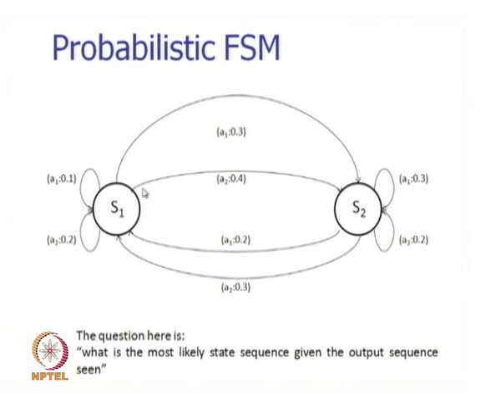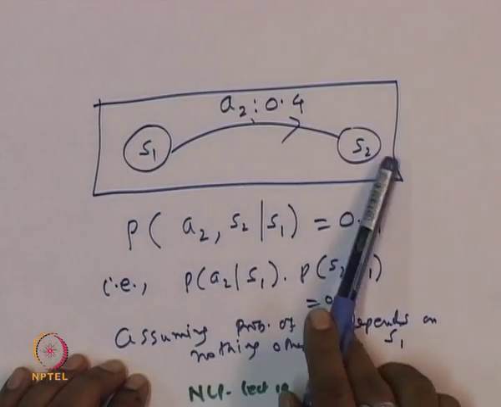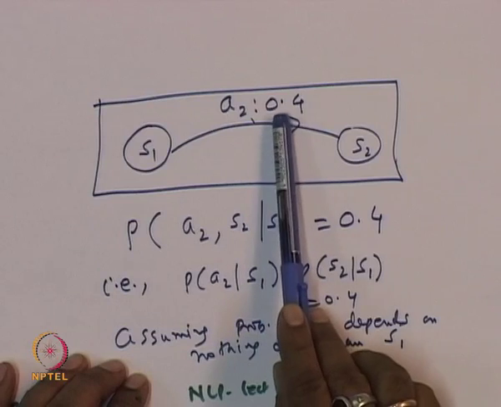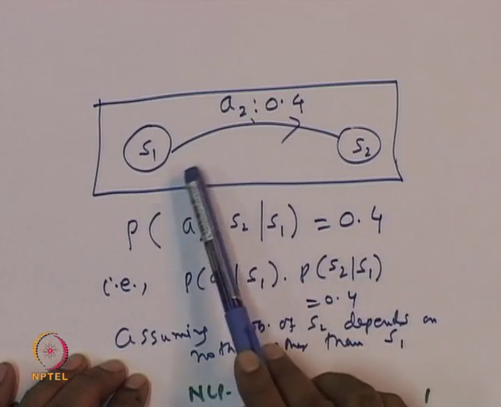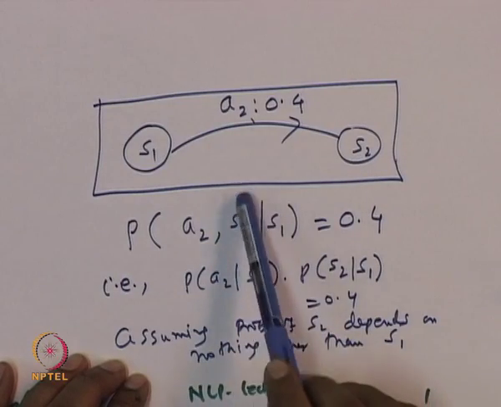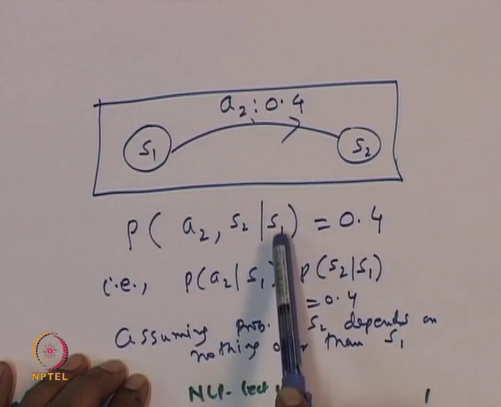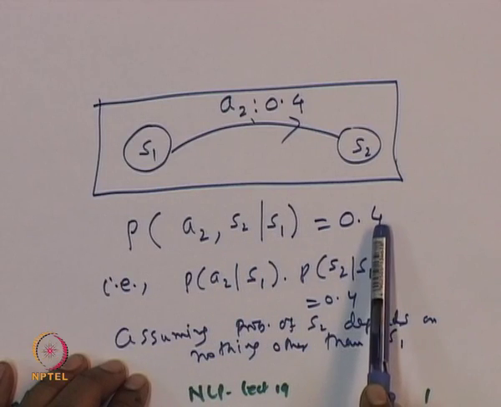So, this you would remember is a very definite probability. We look at the paper and I have written it for you. The paper shows the meaning of the probability of A2 being 0.4 on the arc going from S1 to S2. The meaning of this probability value is P(A2, S2 | S1) is 0.4.